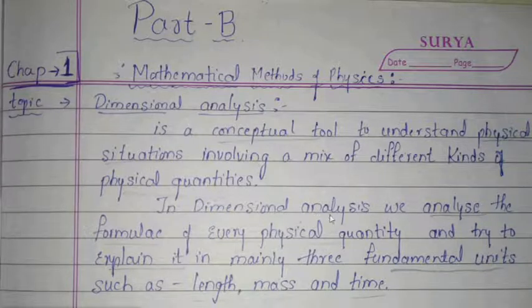In dimensional analysis, we analyze the formulae of every physical quantity and try to explain it in mainly three fundamental units such as length, mass, and time. So you will understand this definition by seeing the next table that I have uploaded.